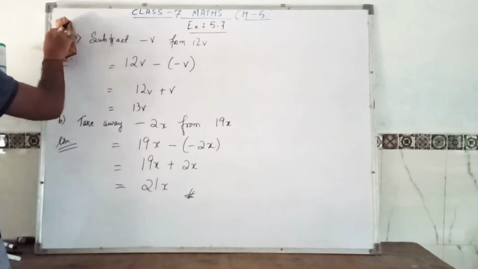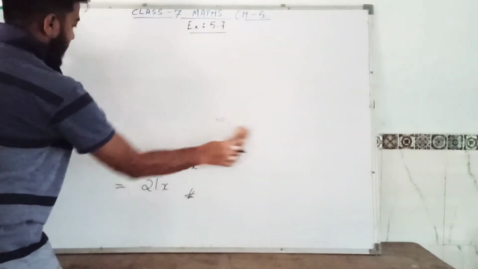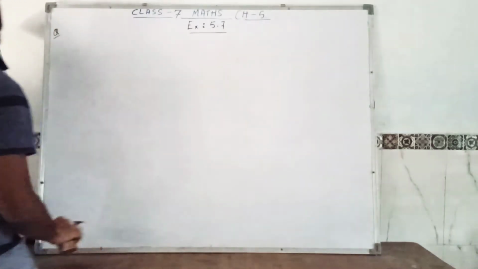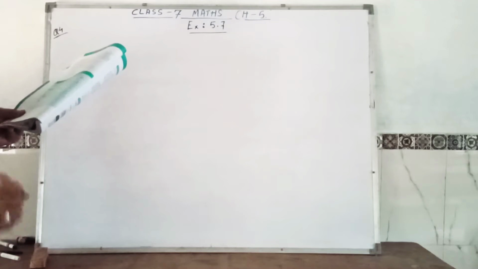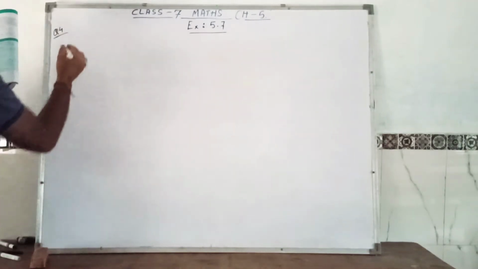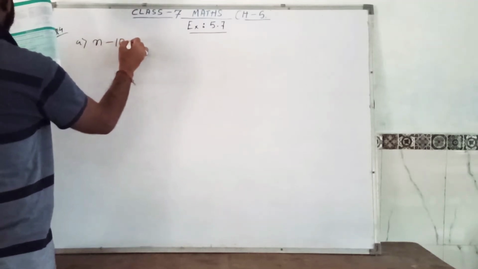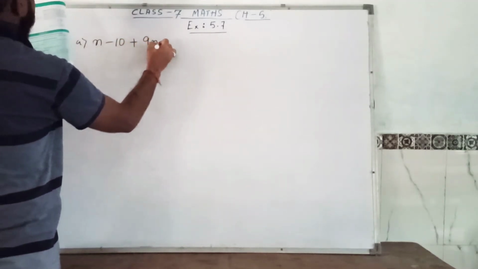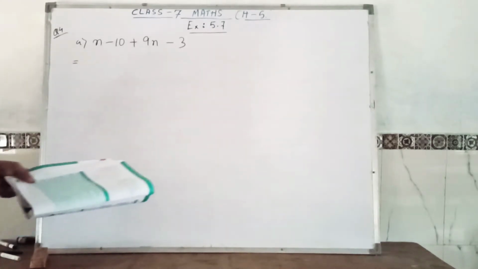Let us go to question number 4. Simplify the following algebraic expressions. Number A. n minus 10 plus 9n minus 3. You have to do simplification.